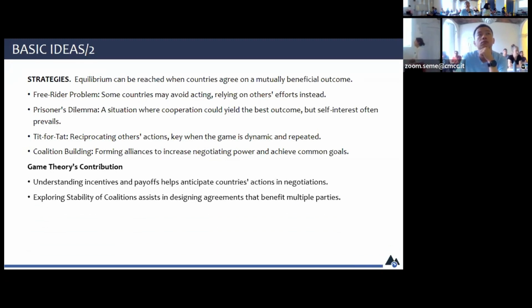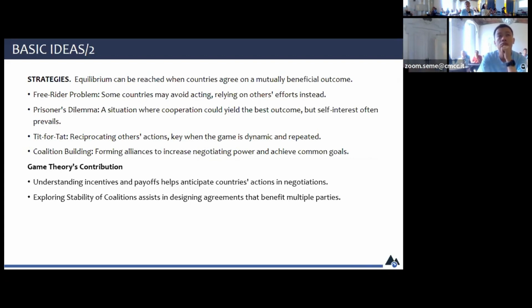So what we really want to study, and I'll show you in a second, is understanding the incentives. As I said before, what we do is we enforce carbon emission constraints on countries. Instead, here we want to understand the incentives and the payoffs of countries to be in or out of that constraint.